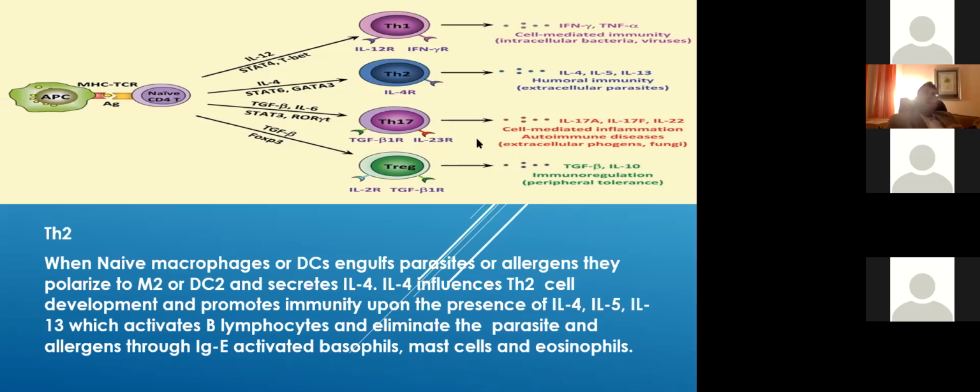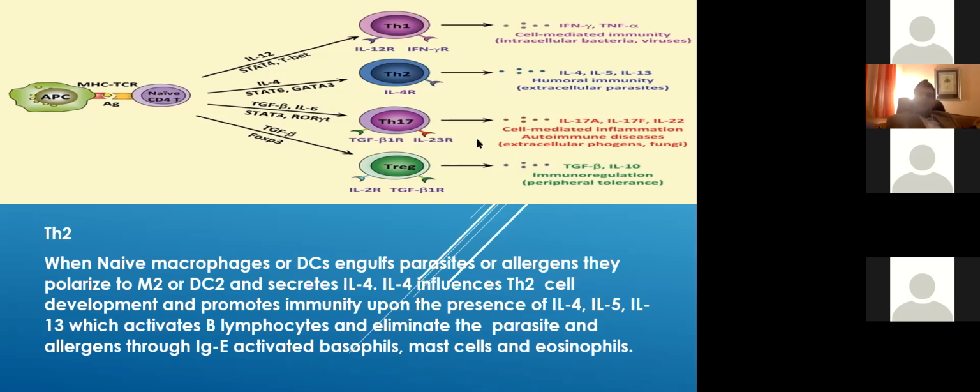So when we do the CBC and we see that we have high eosinophil and basophil, then we think that the immune system is being polarized into Th2, M2, just by looking at the CBC.